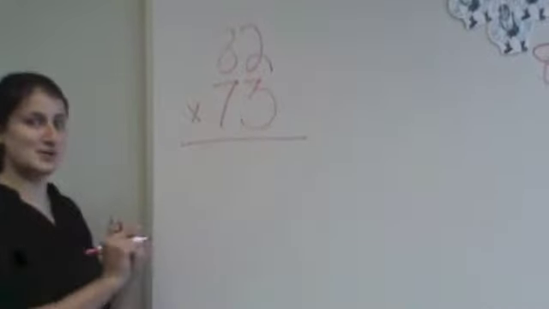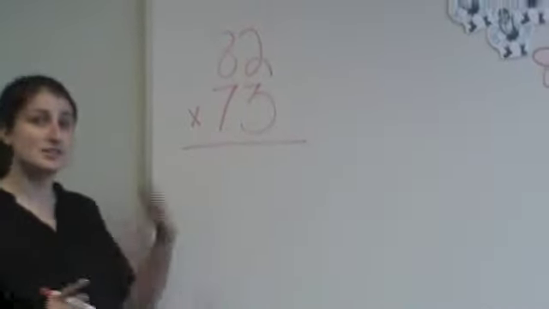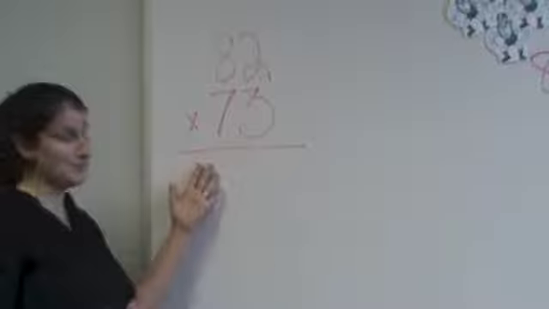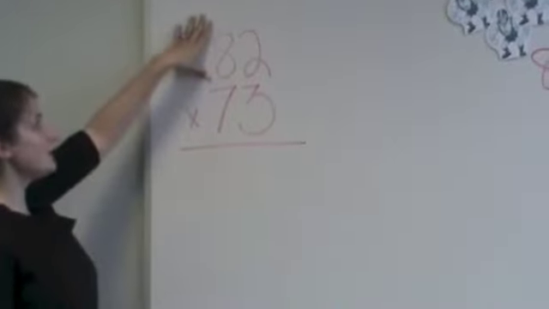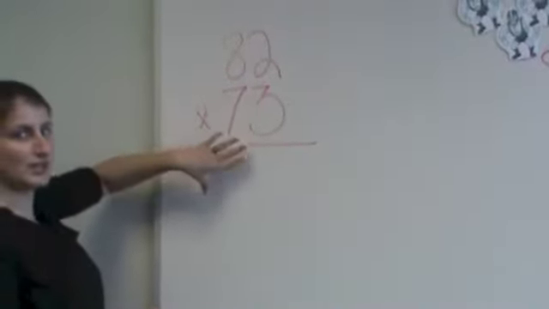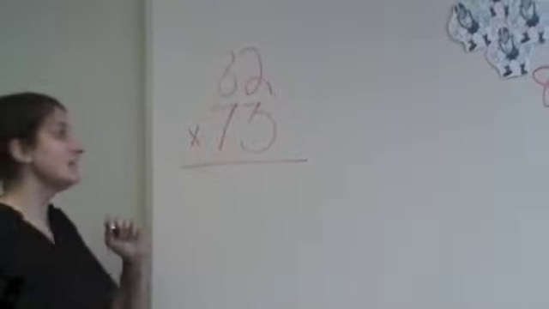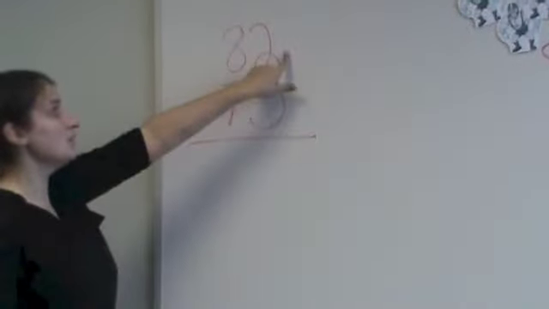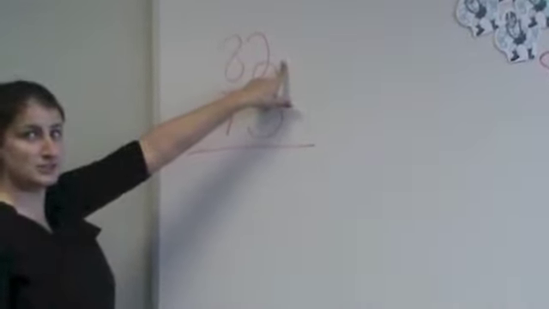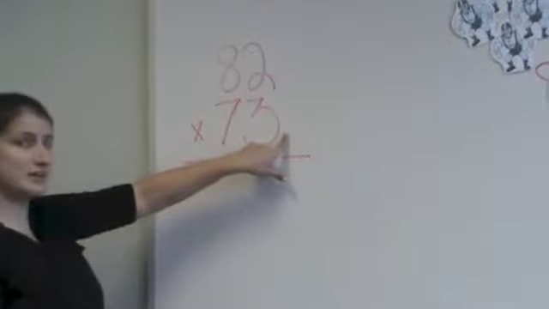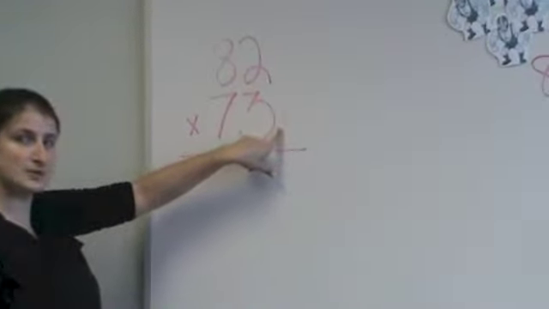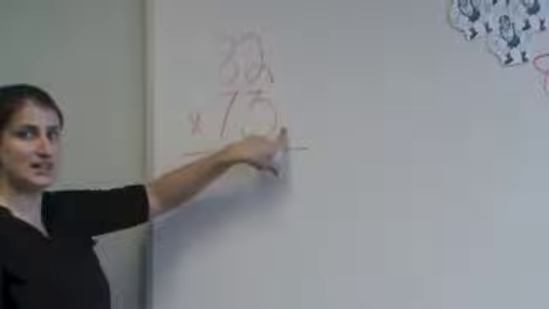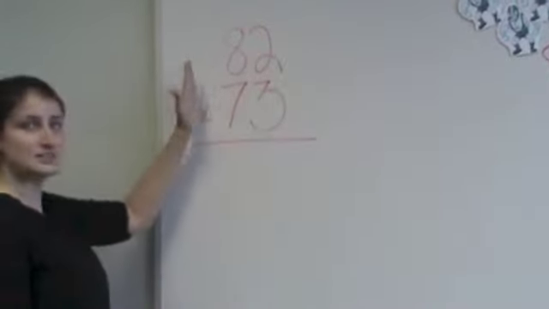So let's start with this. First, in a normal multiplication problem, we have the numbers 82, we'll say, and 73. Our first step is going to be to take our ones place here, 2, and our 3 in our 73, ones place, and multiply them together because we're moving from right to left.